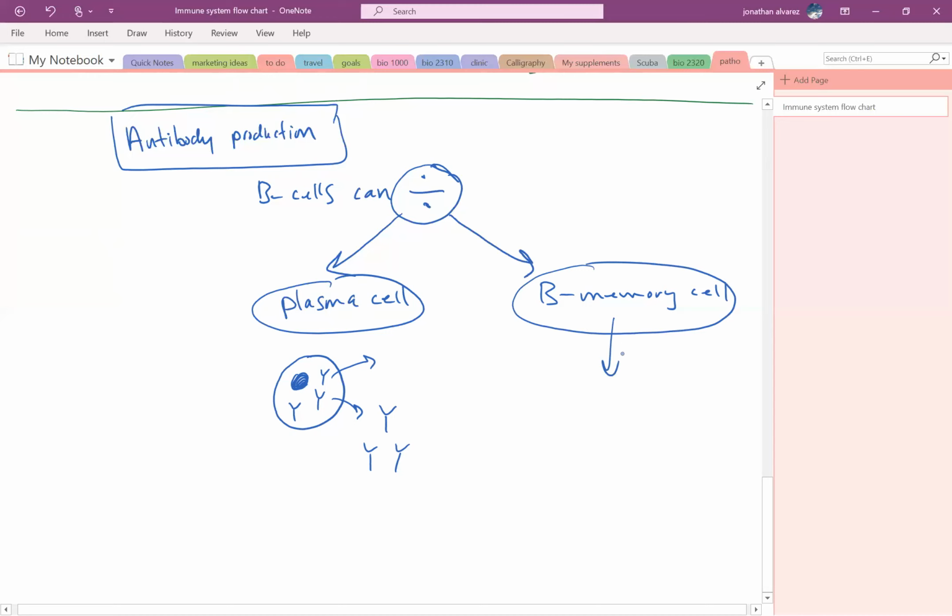All right, the purpose of the B memory cells is for a quick response to the same antigen.